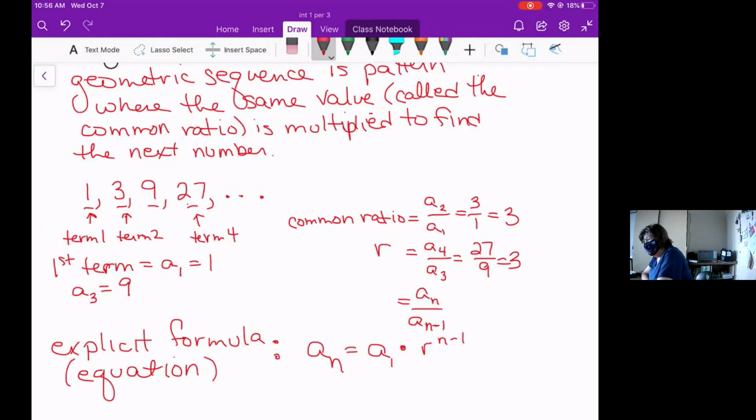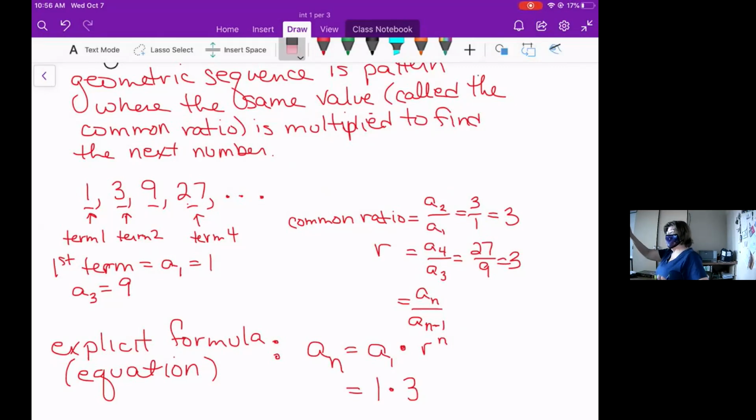Well, think about this. Let's go up here. Let's write this equation here. So if I write this, what's my first term? What's the first term up here? 1. What's my ratio? What am I multiplying by? 3.